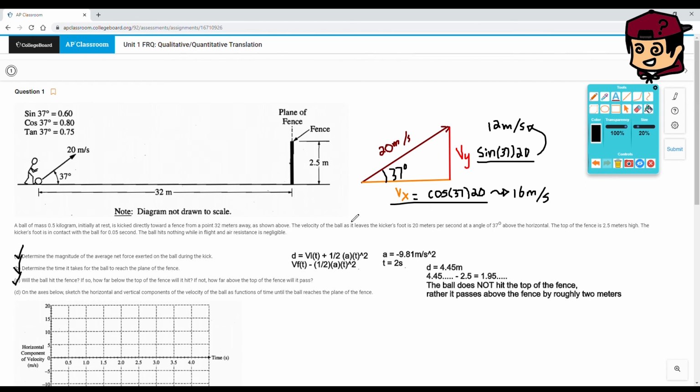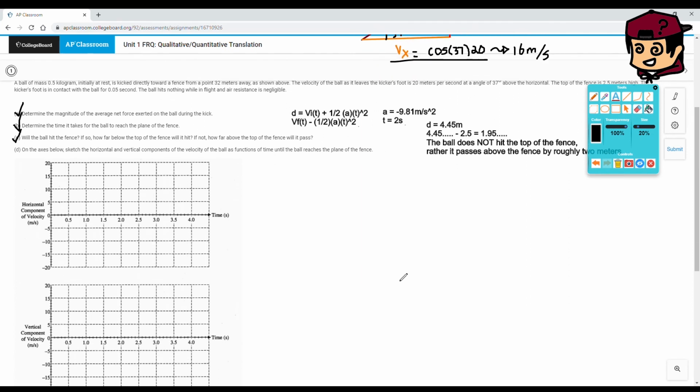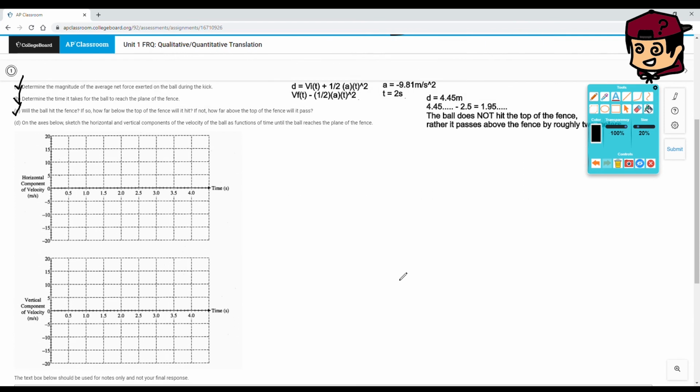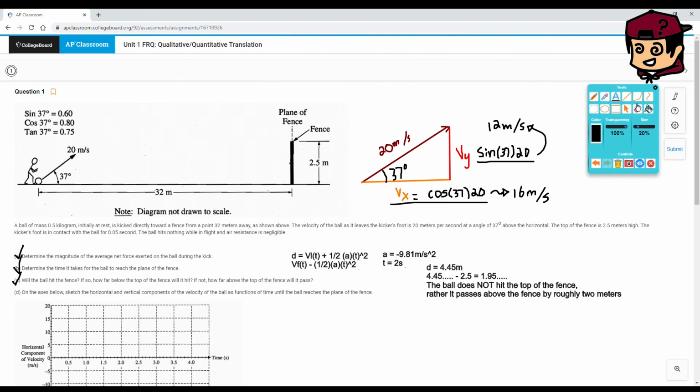Now on the axis below, sketch the horizontal and vertical components of the velocity of the ball as functions of time until the ball reaches the plane of the fence. Okay, this isn't bad, because we know our velocity is around 16 meters per second for the horizontal component, the x component, right?